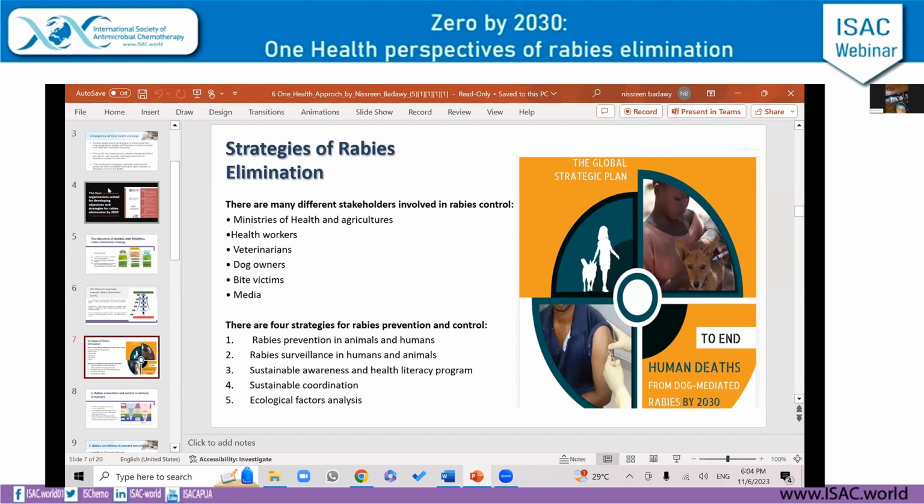Also rabies surveillance in humans and animals, sustainable awareness and health literacy programs, including not only public health but also medical and paramedical personnel, sustainable coordination among all sectors involved in the elimination plan, and ecological factor analysis and control.